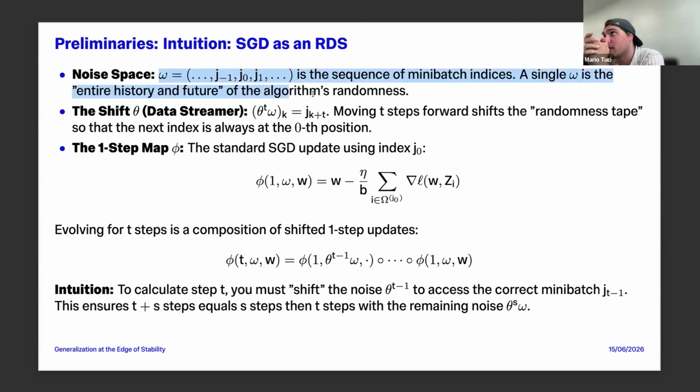So you have all mini batch indices when you, for instance, run an SGD. Then you have your metric dynamical system, which is here just a shift operator. What it does is, from this infinite sequence, it gives you back at the right time the right index.